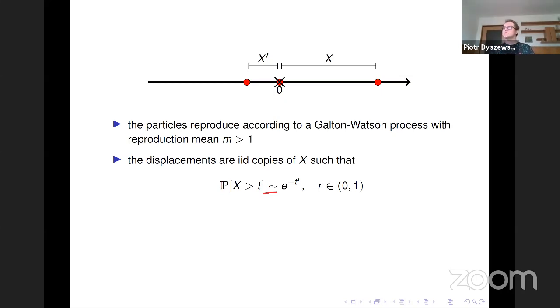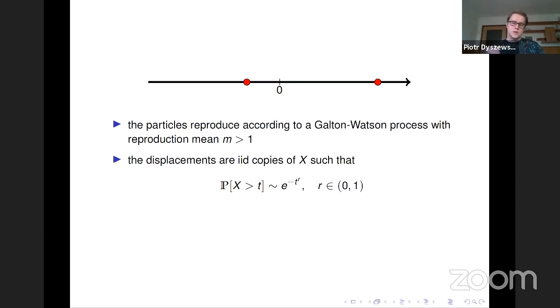So instead of giving you a full scope of what happens with heavy tail displacements, I'm just going to focus on the stretched exponential case and give you the whole treatment. But most of the phenomena do replicate with different tails.